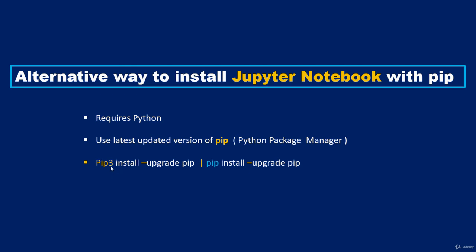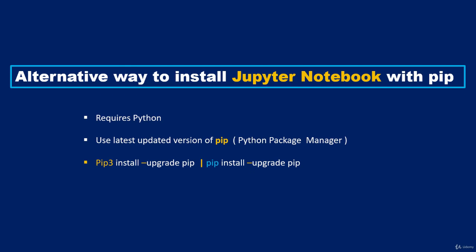So you do pip3 on a Mac, space install --upgrade pip, and that will upgrade pip. If you're on a Windows based computer, you don't need to type in pip3. Just type in pip install --upgrade pip, and that will upgrade to the most recent version of pip.